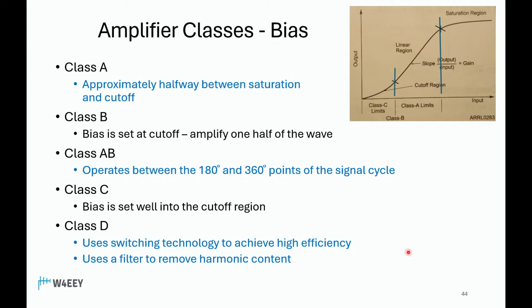And then Class D, we saw previously, uses switching technology, that pulse width modulation we talked about, to achieve high efficiency, and it needs a filter to remove the harmonic content. Otherwise, the output is very ugly and very rich in harmonics. So this is the second way of looking at this, and you can see I've drawn lines in here between the Class A limits are here, Class C, Class B.